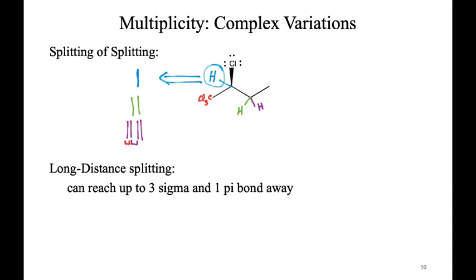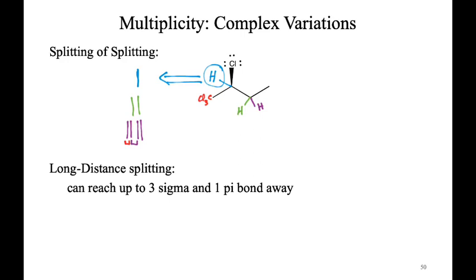This would be known as a doublet of doublets. Not to be confused with what people call a doublet of doublets in the aromatic region. They're lying, it's not a doublet of doublets, that's two doublets. Two doublets means two different signals. This is one signal.